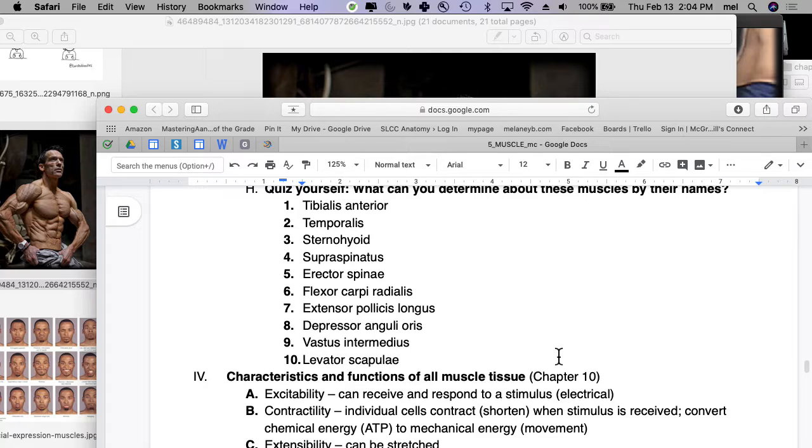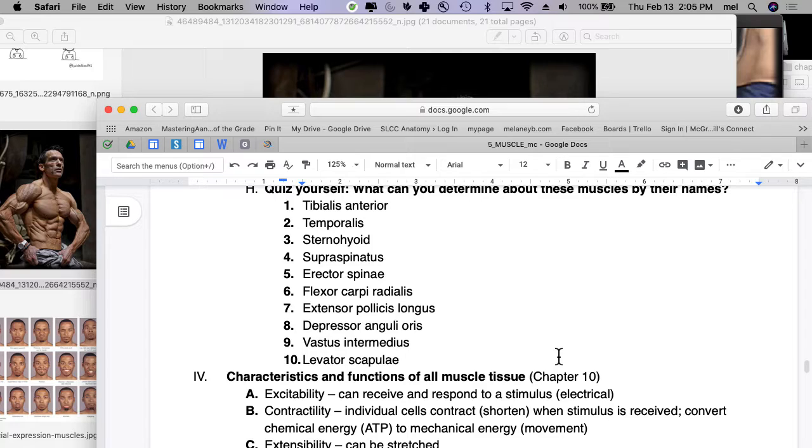If you find a muscle called the Tibialis Anterior, you should know where to look for it, yeah? Because you had to learn all the parts of the tibia, right? So the Tibialis Anterior is on the anterior surface of the tibia. Obviously that's easy, but now, thinking person, tell me what it might do. Be more specific.